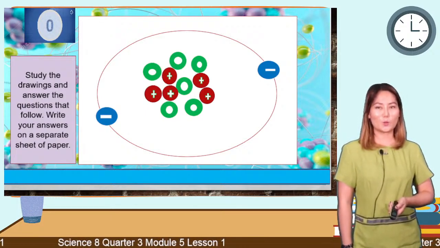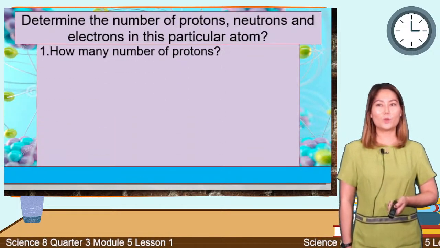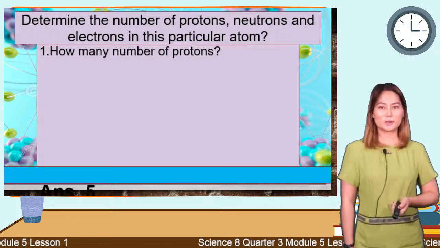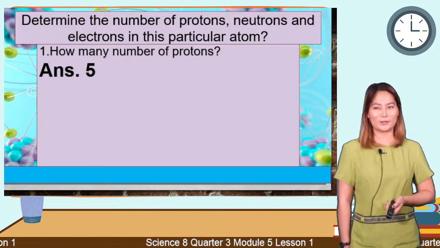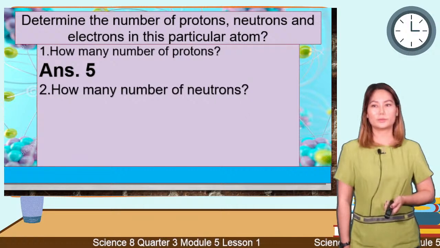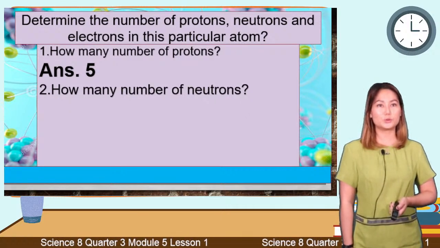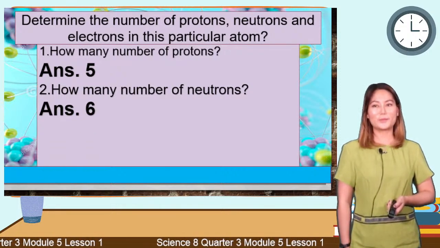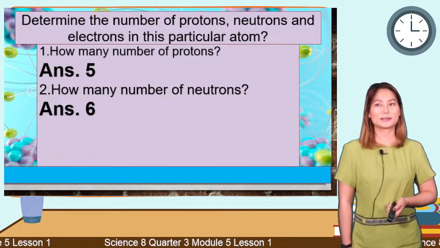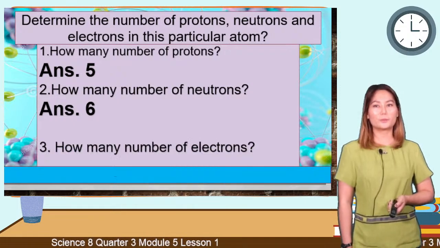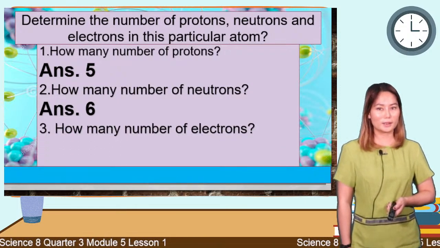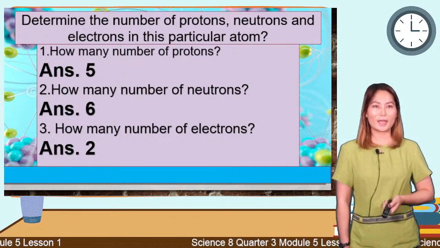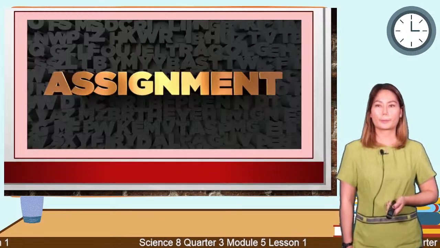Let's answer the question. Question number 1. How many number of protons? The correct answer is 5. Number 2. How many number of neutrons? What is your answer? Good job. The answer is 6. And how many number of electrons? What is your answer? Very good. The correct answer is 2.